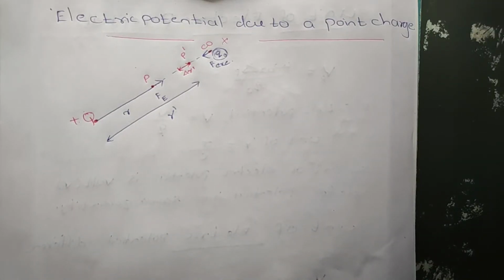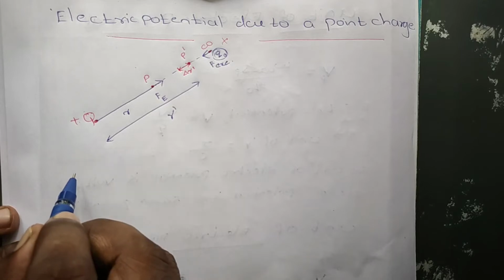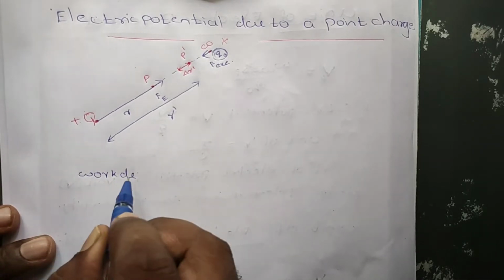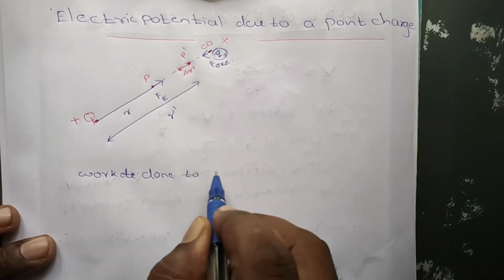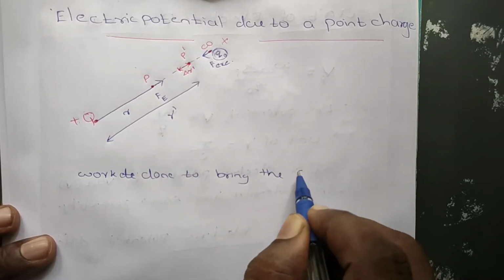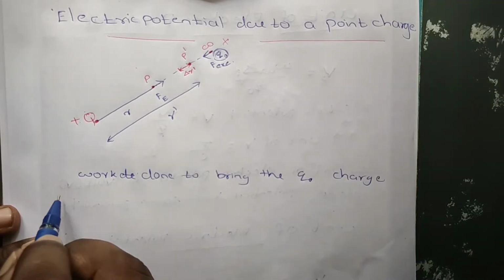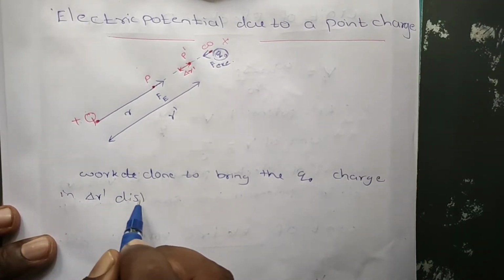So here what we are going to find out is the work done to bring the Q naught charge through the delta r dash distance.